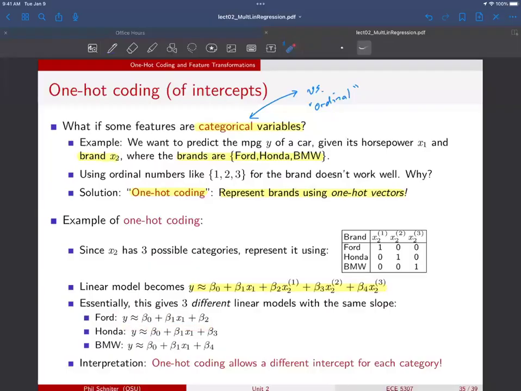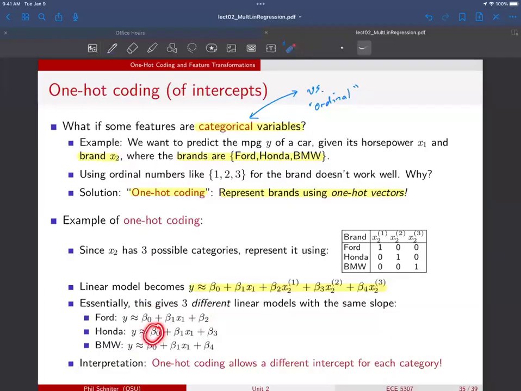Now for the Honda samples, it's similar. You get 0, 1, 0, and so essentially you just have the beta 3 there. And then for all the BMW samples, you just have this beta 4. So now when you look at it, you can say, oh, this is what's actually happening. For the Ford samples, you have a sum of intercept coefficients.